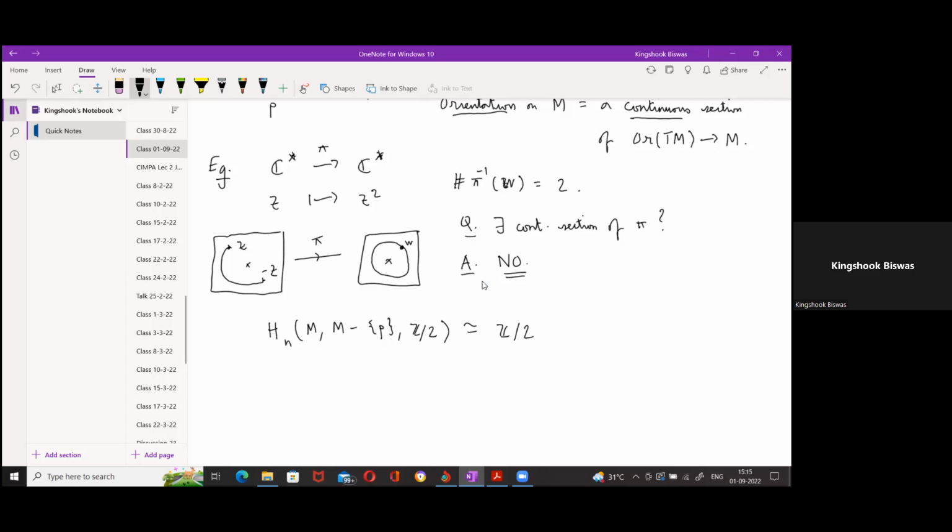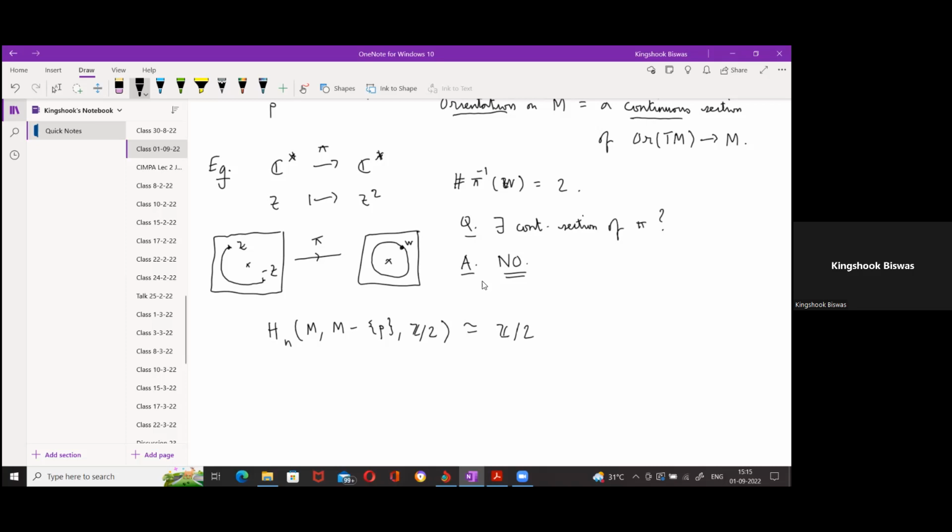By excision, this is the same as ball and ball minus a point, and for the ball, from the long exact sequence, you'll get that this is Z mod 2. So this is a purely topological object. You can define it for a topological manifold, so you don't actually need a smooth structure, you see?